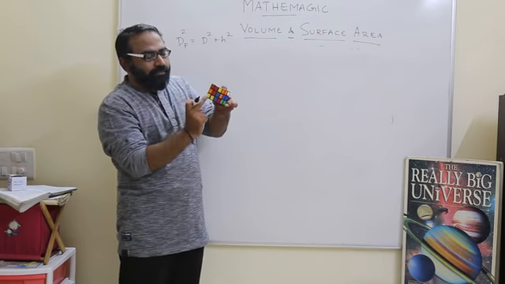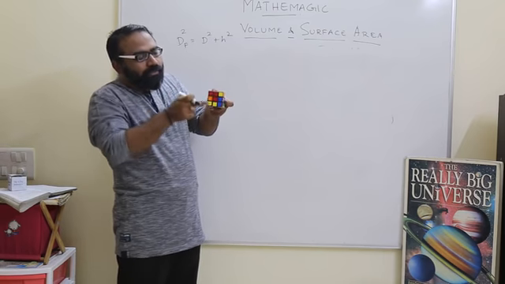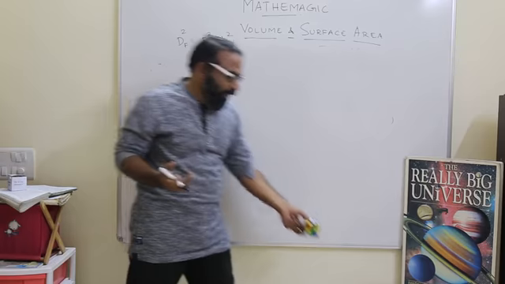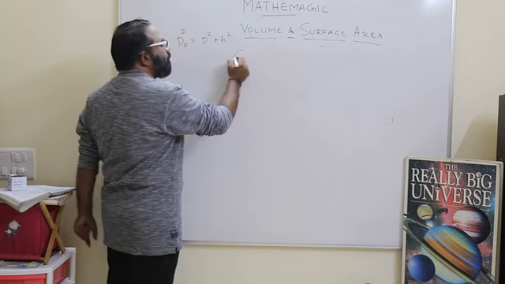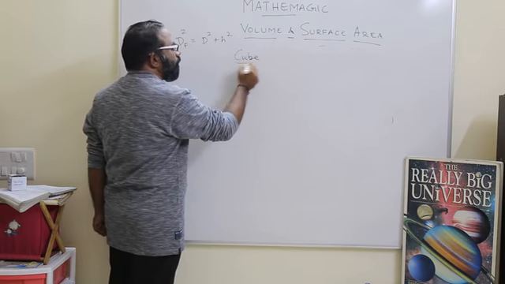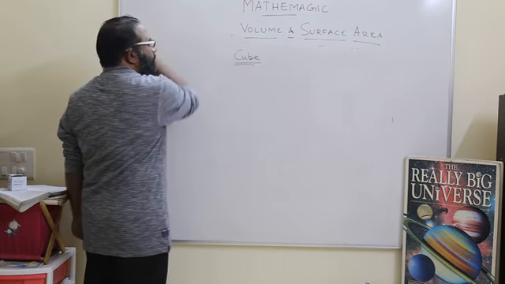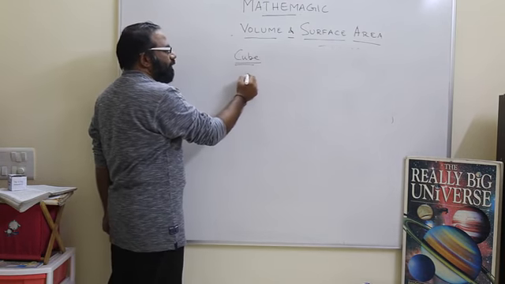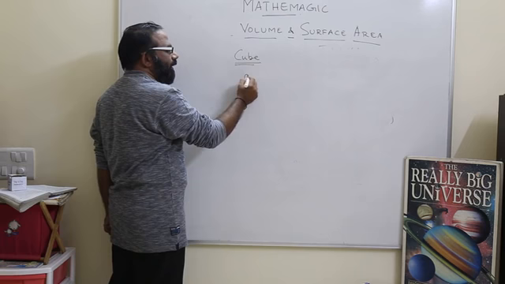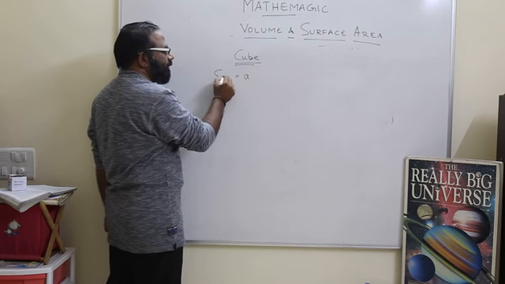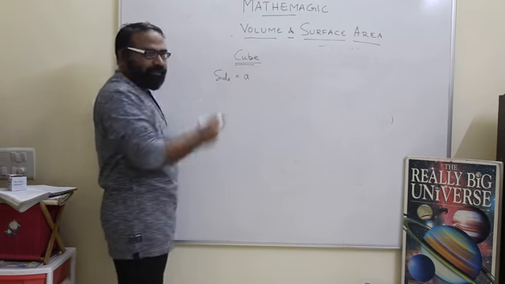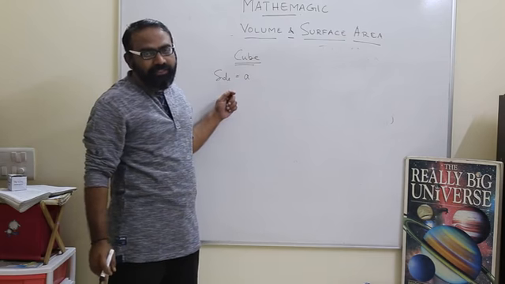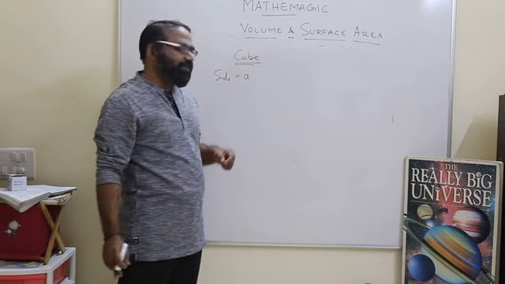Length, breadth, height are all equal. So if I take a cube, in this all sides are equal, so let's take the edge length as A.